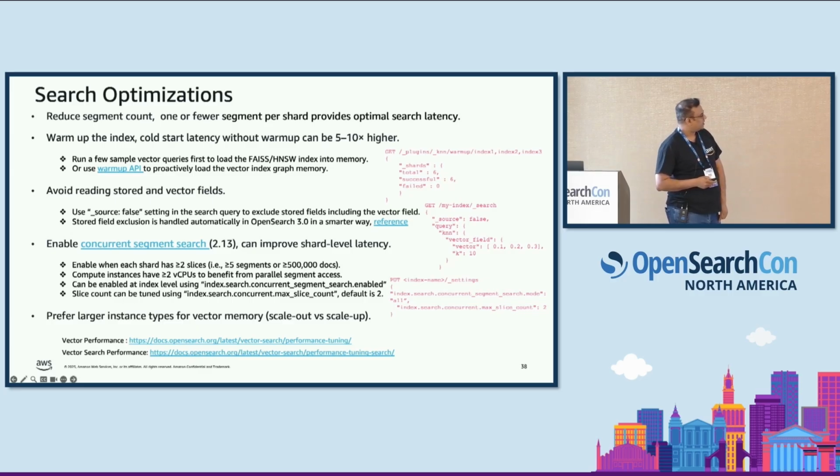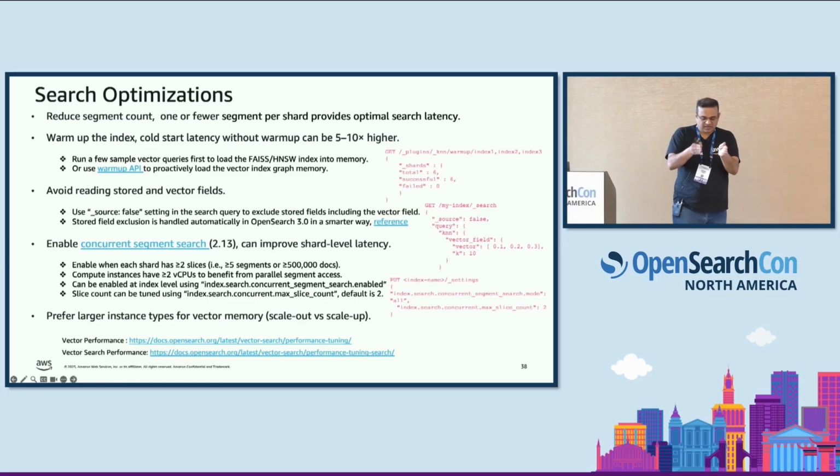And then second last is enable concurrent segment search. From OpenSearch 2.13, there is this feature called concurrent segment search, which can read multiple segments in a shard in parallel. So traditionally, in a shard, when a search happens, segments were read sequentially one by one.